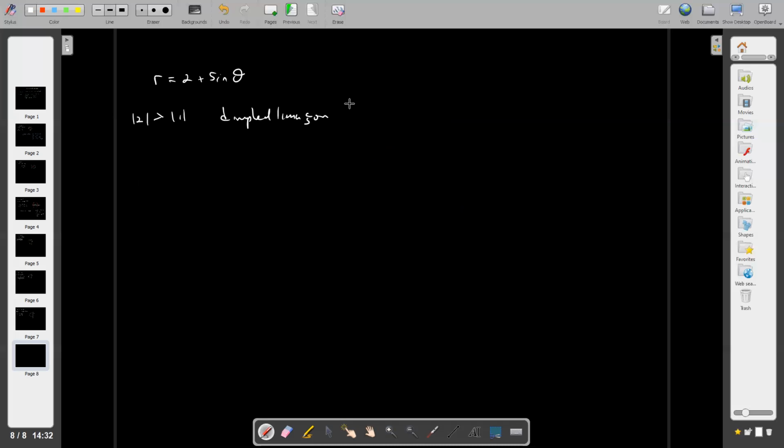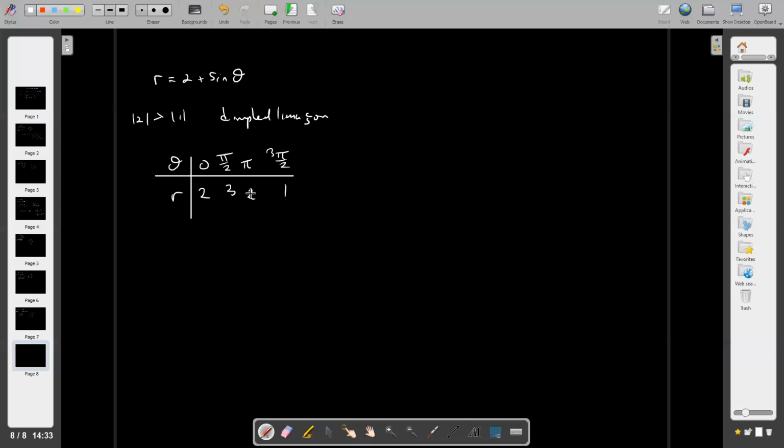It's opening upwards because of the sine plus sign, so we know it's kind of an egg shape. We just need a quick table. The more of these you do, the quicker you get at them. As I'm explaining them less and less, I'm getting a lot faster at them, and I expect the same for you. The more that you do them, the more you'll get speedy at them.